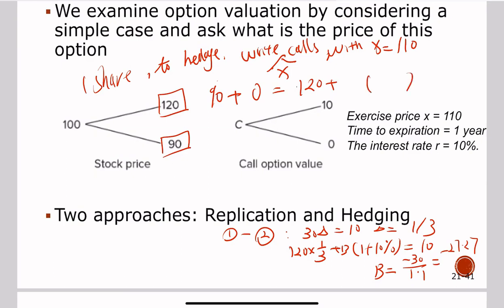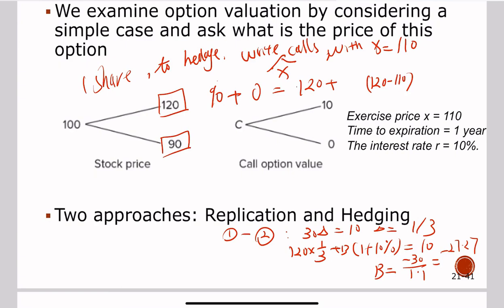If the share price is 120 and the exercise price is 110, the option buyer will want to exercise this call, right? And the payoff, the benefit to the option buyer, is 120 minus 110.